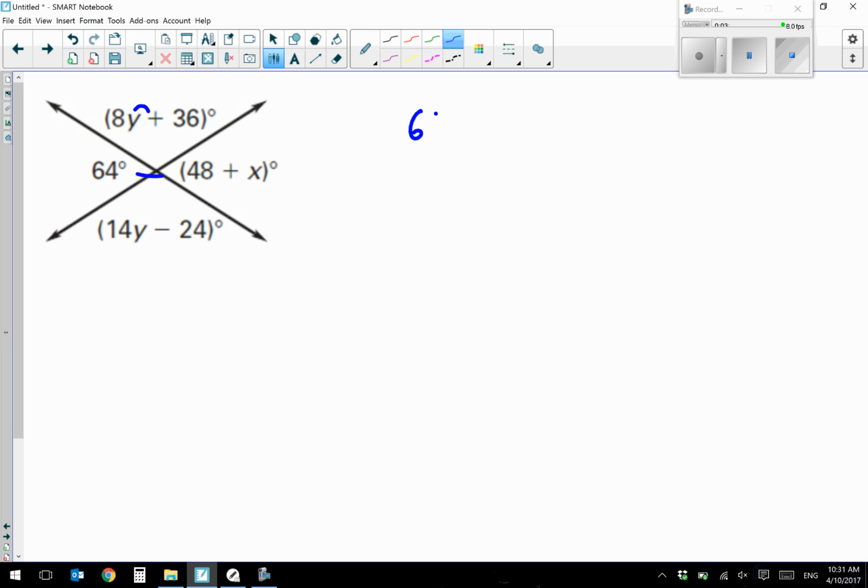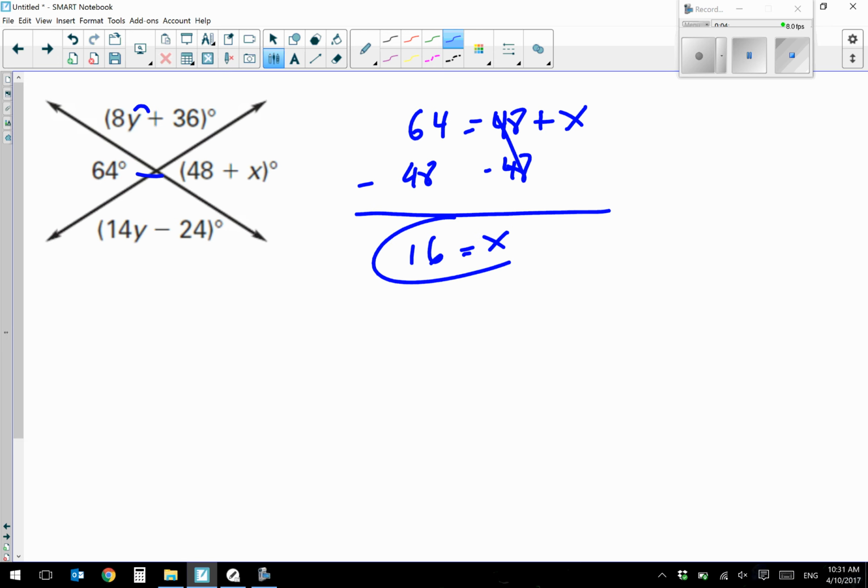So 64 equals 48 plus x, minus 48. 64 minus 48 is what? 16. So x equals 16. Now I go in and do the other side. So 8y plus 36 equals 14y minus 24 because they're vertical angles.